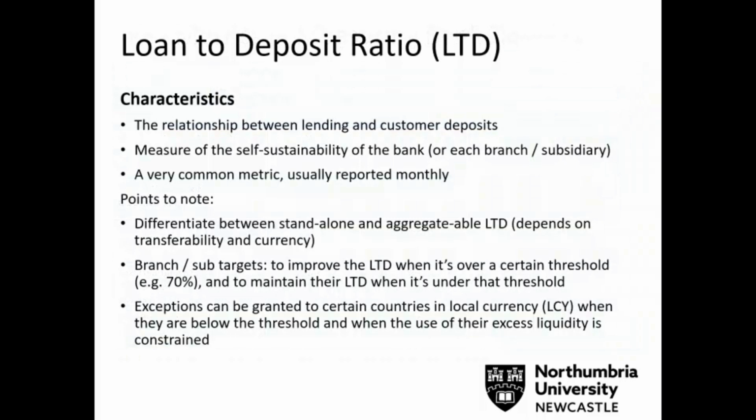The loan to deposit ratio is one of the simplest forms of monitoring liquidity within a bank, and that's what the likes of the De Jong and Yang paper suggested, that most banks focus on this. And in research, quite a lot of authors use the loan to deposit ratio as a key metric to measure liquidity risk. So it's certainly something for you to look at if you're looking at a bank's balance sheet from a liquidity point of view.